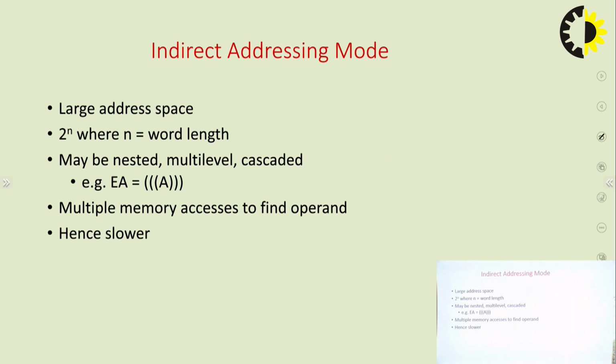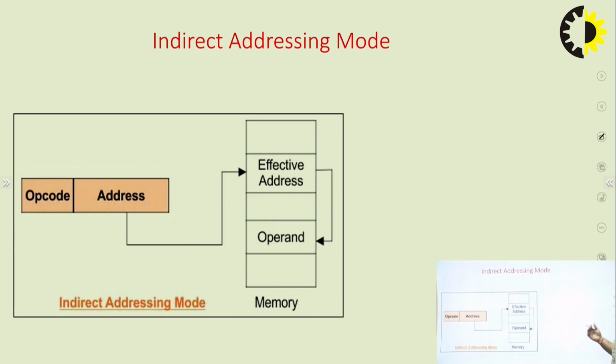This type of addressing is used when we use pointers. It needs a large address space and multiple memory accesses to find the address of the operand. Hence, it is slow. It means the address points to the effective address, and the effective address then finds the operand in memory.